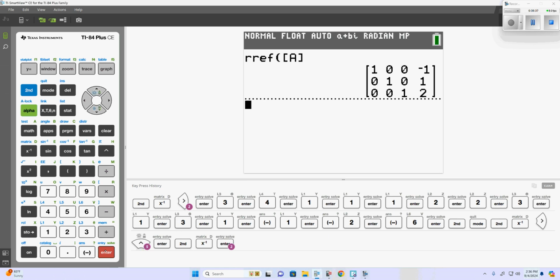Second matrix, RREF. REF is a different one. So we want RREF.